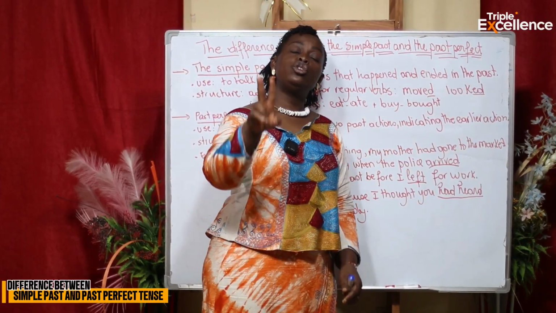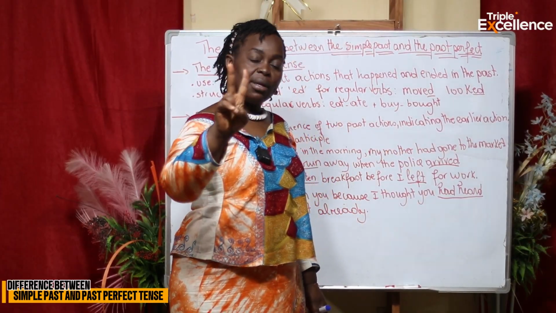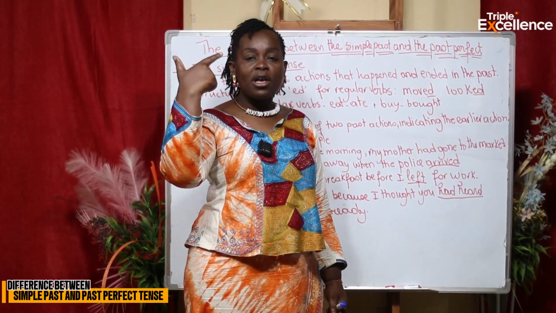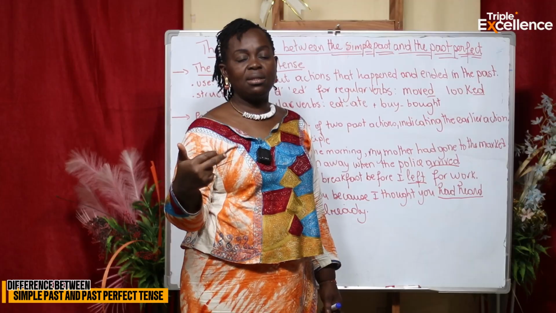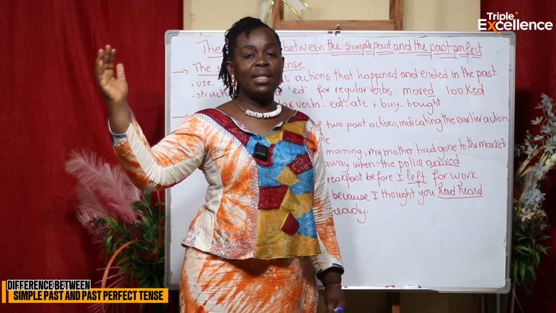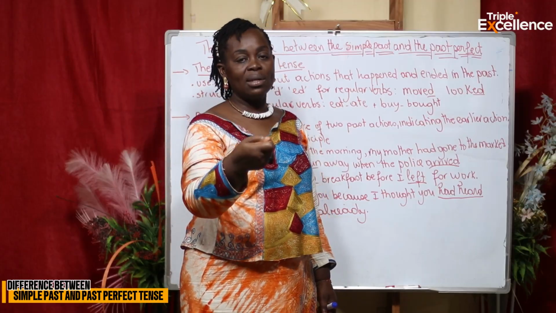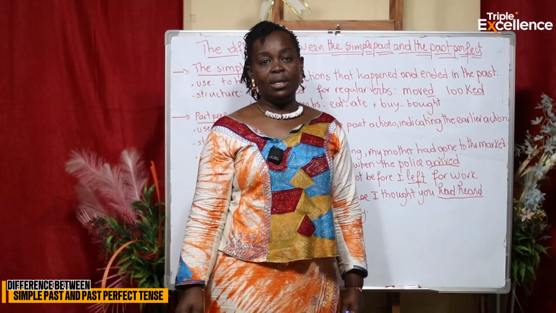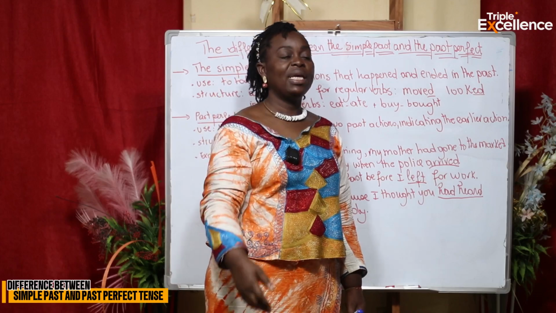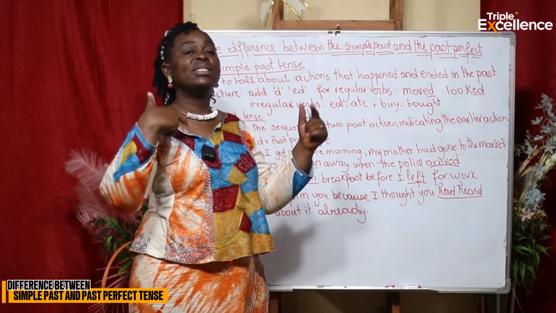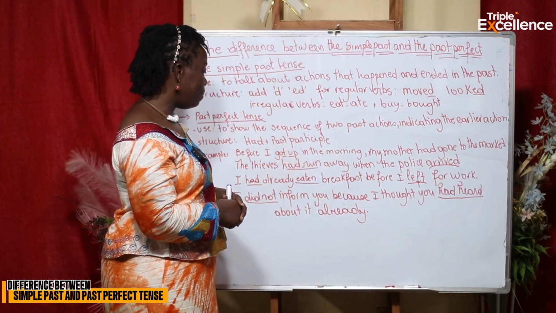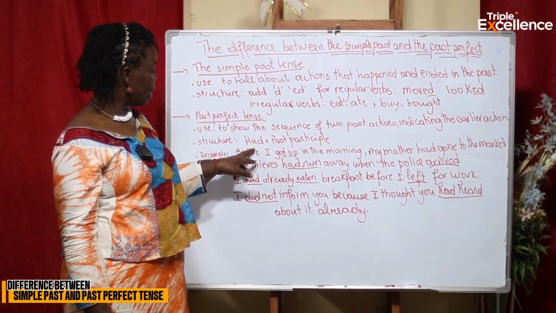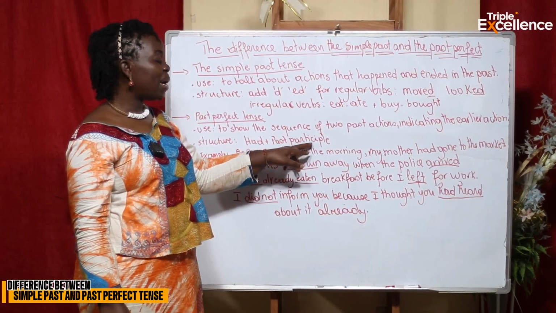That is, when two actions take place in the past, the first action to occur is in the past perfect tense and the second one is in the simple past tense. This is the structure of the past perfect tense: had plus past participle.